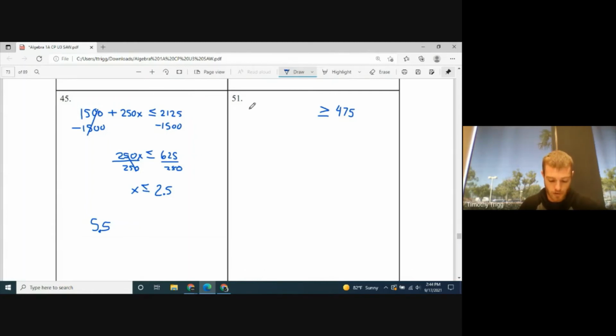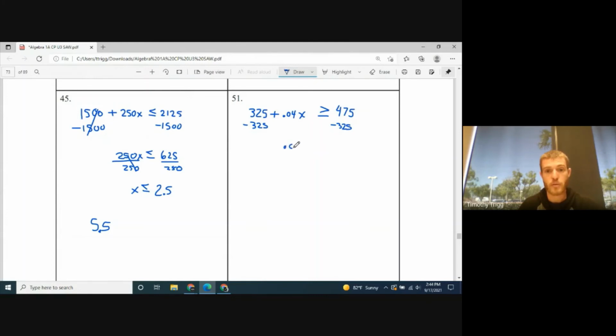So she earns $325 even if she sells nothing. But she also earns 4% commission, meaning however much money she sells, she gets 4% of that. So plus she gets 4%, so 0.04, we'll say, times however much she brings in, however much she sells. All right, now let's go ahead and solve the inequality. We're going to subtract 325 from both sides of the inequality.